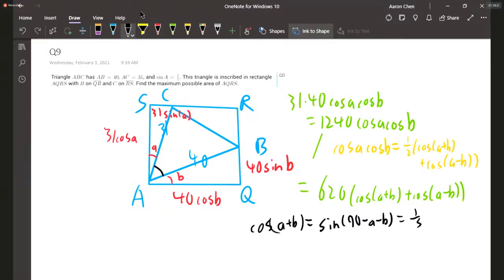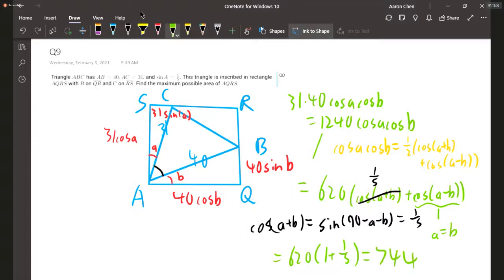So this is equal to 1/5. And now the maximum possible value of cosine of A minus B is 1. And this is achieved when A equals B. And so the maximum possible area is 620 times 1 plus 1/5, which is equal to 744. So the answer is 744.